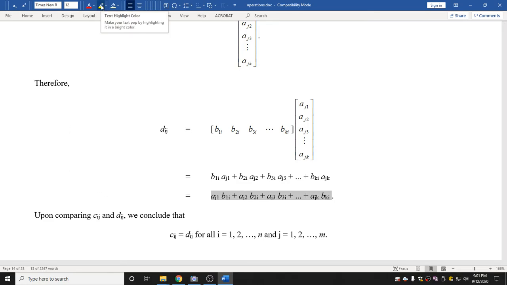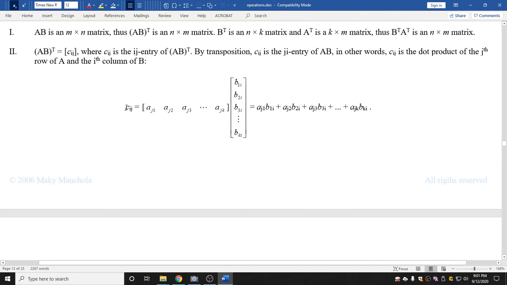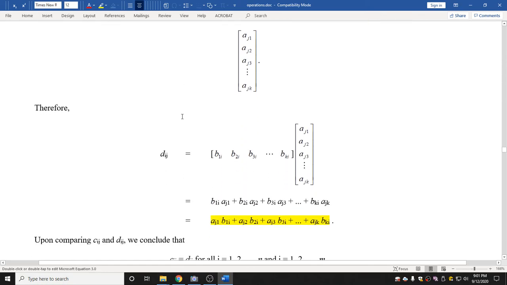Let's compare those results. The ij entry of (AB) transpose and the ij entry of B transpose A transpose are equal to each other.